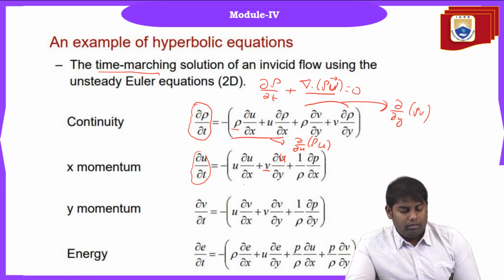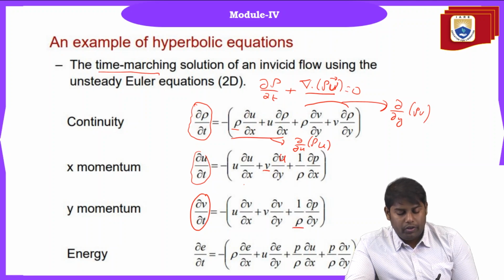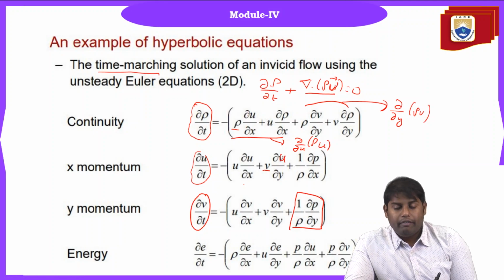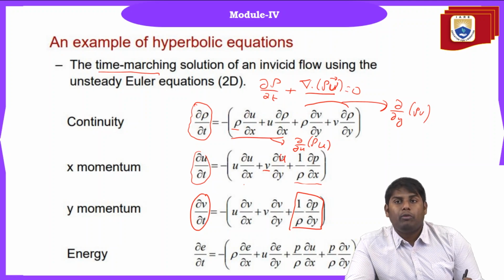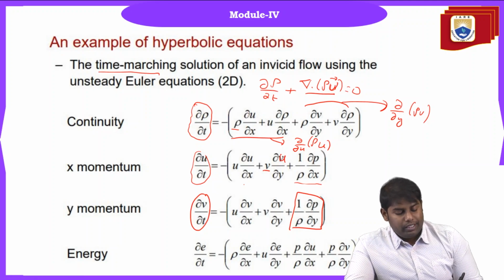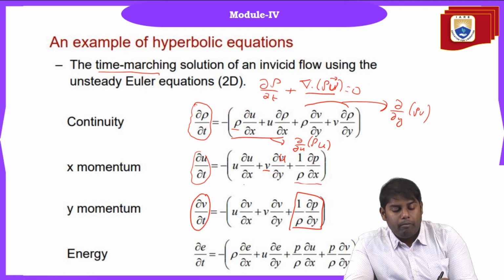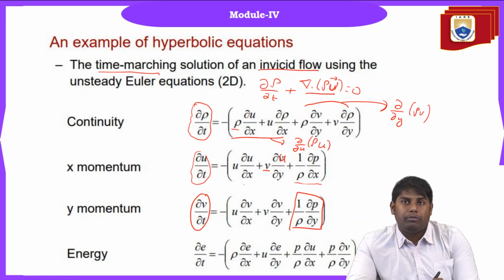Similarly, you have the unsteady term here in the y momentum equation, minus u into ∂v/∂x, minus v into ∂v/∂y, plus the pressure gradient with respect to y. Here we have the pressure gradient with respect to x, since it is the x momentum equation. From this, we can see that in each and every equation there is no viscosity term. We have omitted the viscosity term by taking the inviscid flow assumption.